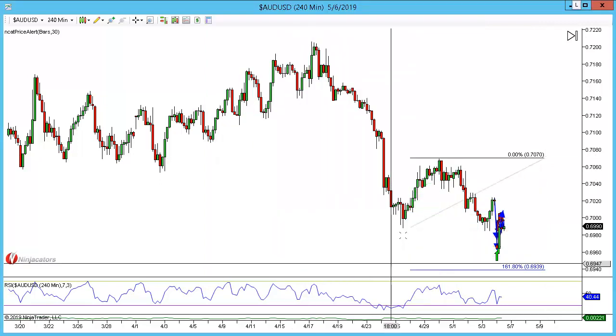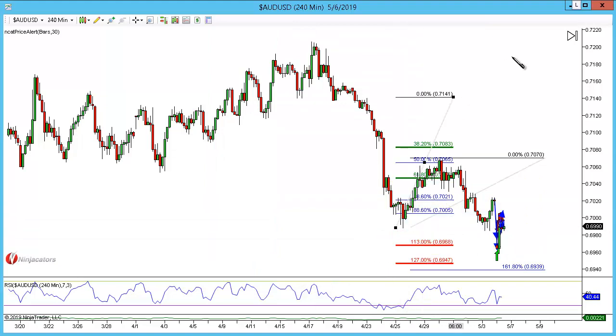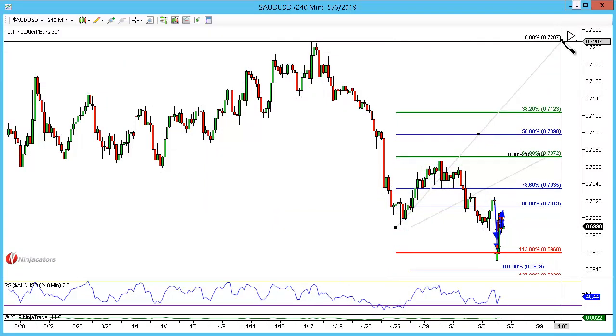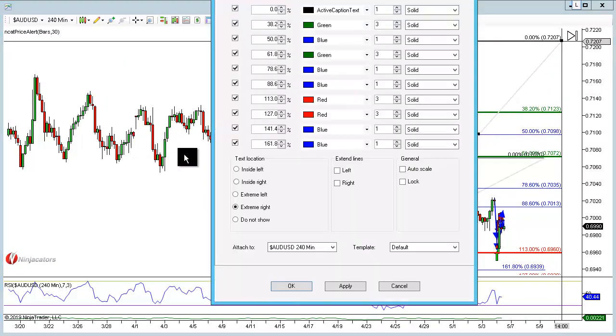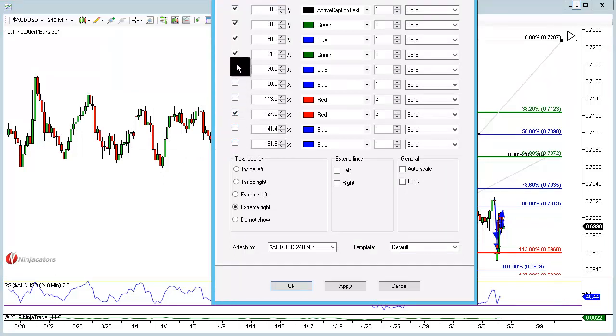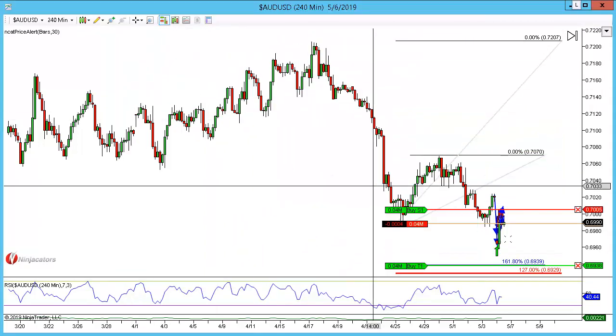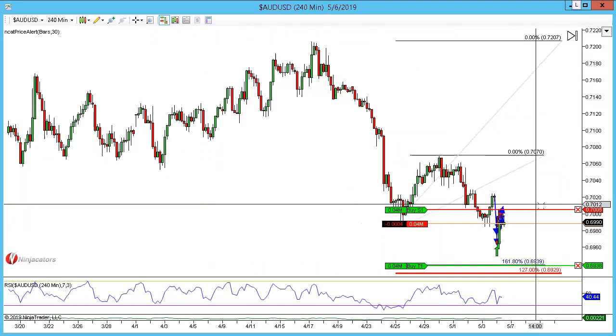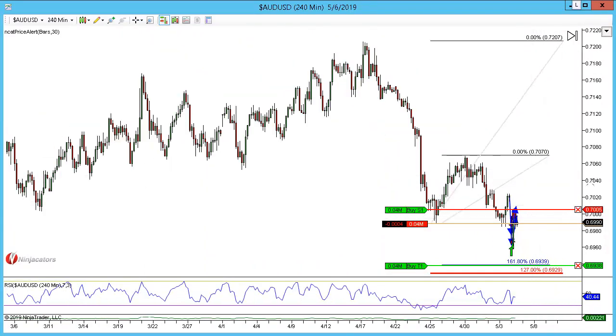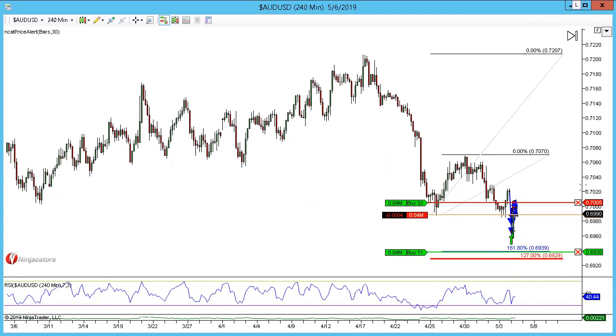And then we're going to be looking for a 127 extension. And again, removing all the fibs that we do not need. And let's bring back on the orders. And I'm just going to scrunch this up a little bit and zoom out.